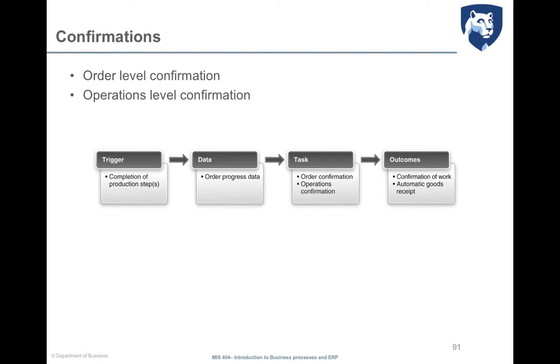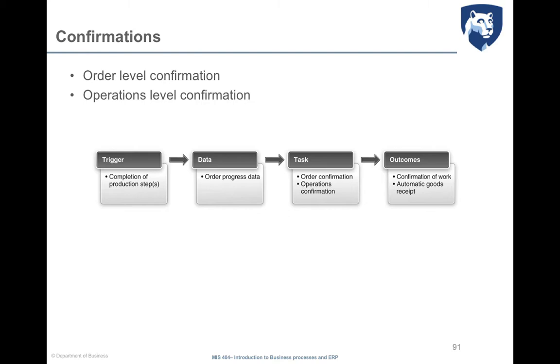Once the materials are issued to the production order, the actual production takes place on the shop floor in the work center. So there is confirmation once the production is completed in the system.